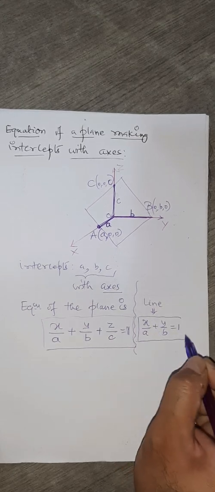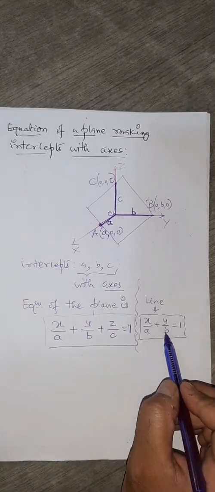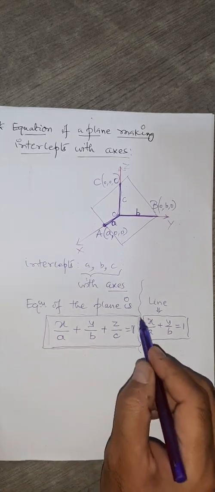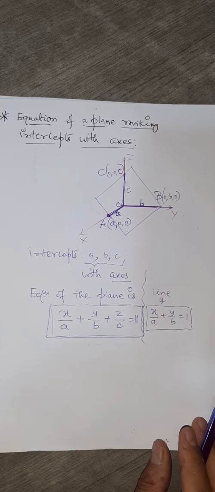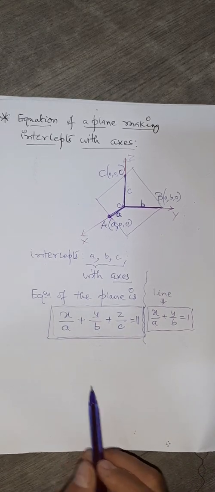This is a line that has small a intercept with the x-axis and small b intercept with the y-axis. Similarly, here we have the equation of the plane which has a, b and c intercepts with the three coordinate axes.